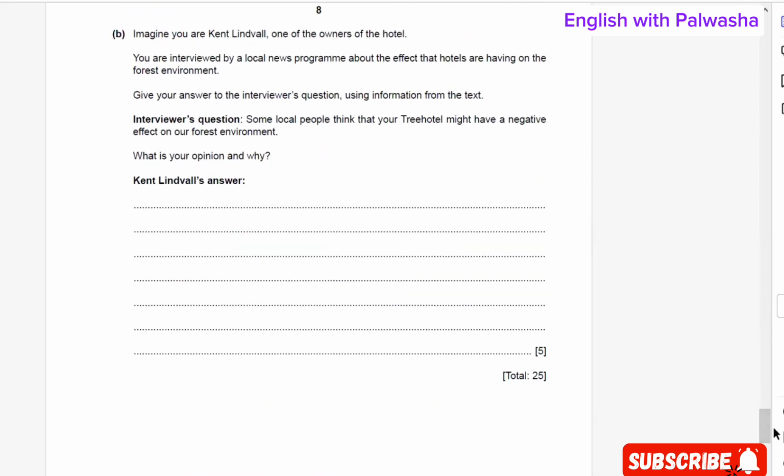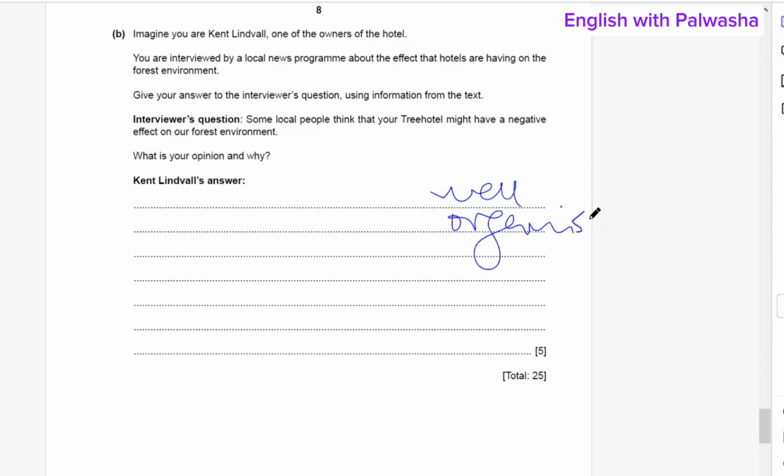And then you guys have the last question. In this question, because this question tests the following reading assessment objective, you have to make sure your response is well organized. The response should be well organized here because it's short and of very few marks.